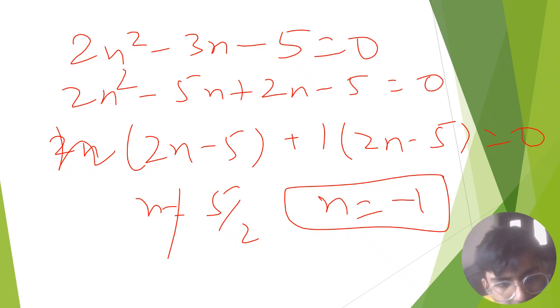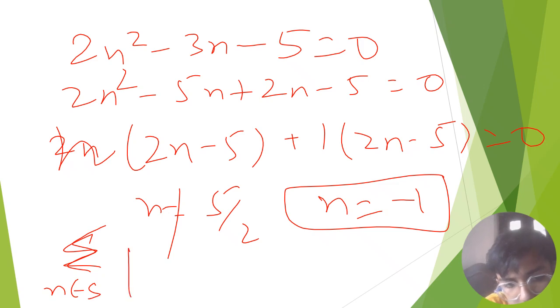The equation is correct. 2n square minus 5n is also correct. And n into 2 and minus 1 plus 1 n is equal to minus 1, and it should not be 5 by 2. Now it is said that we have to find n belongs to the sample space like this.